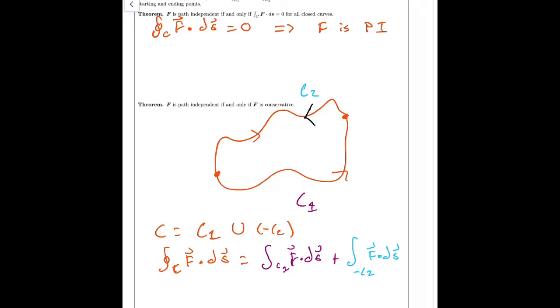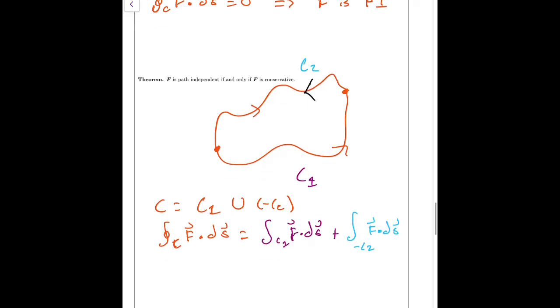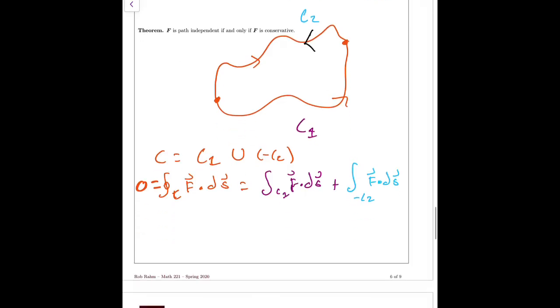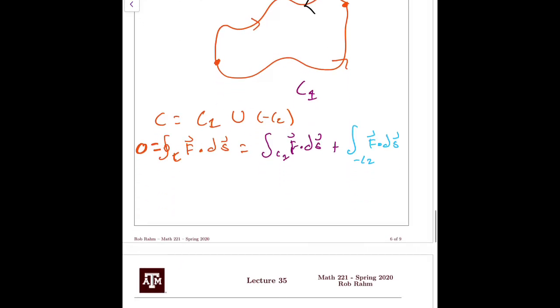Okay, so now what can we do here? Well, what is the assumption? Our assumption is that the line integral of f over every closed path is equal to 0, but C is a closed path. So this is equal to 0. And what we can conclude then is that the line integral of f over C1 is equal to minus the line integral of f over minus C2.